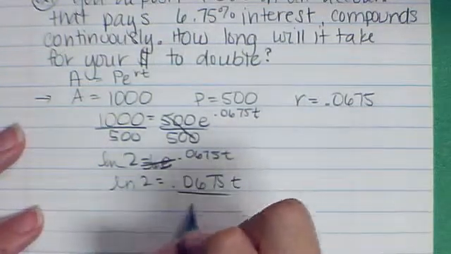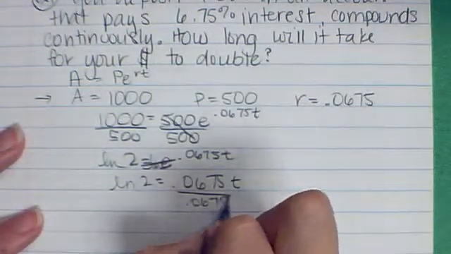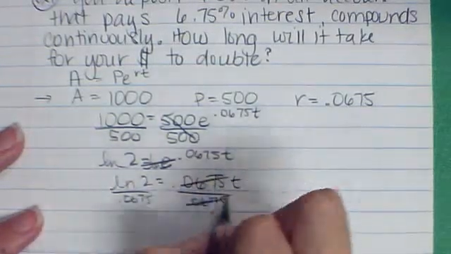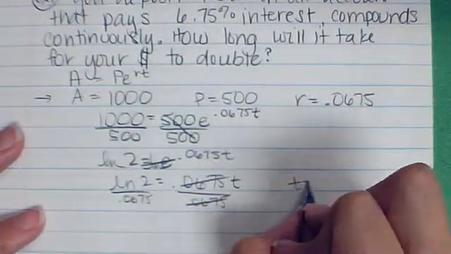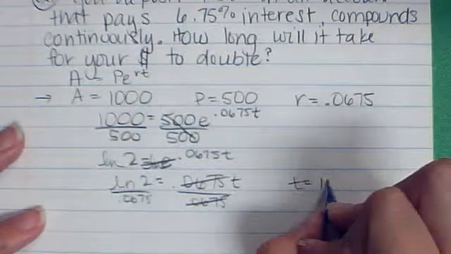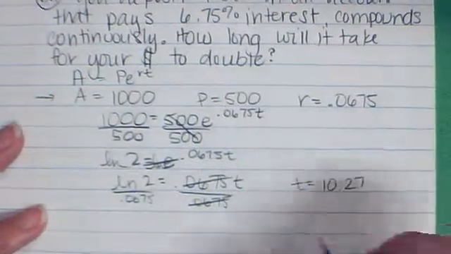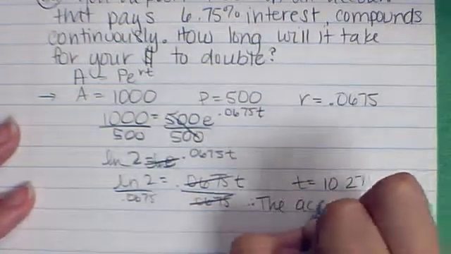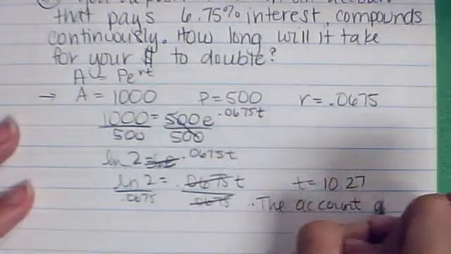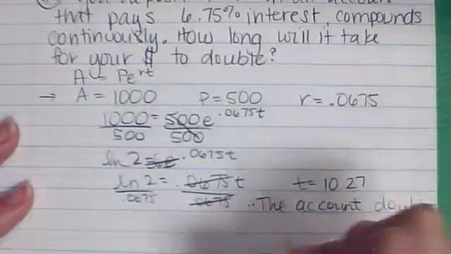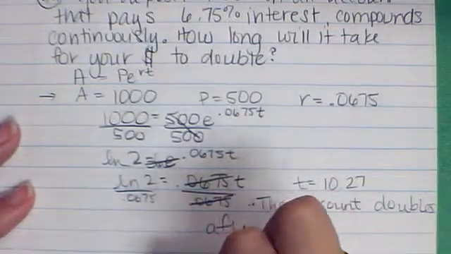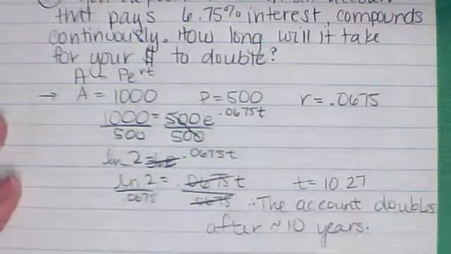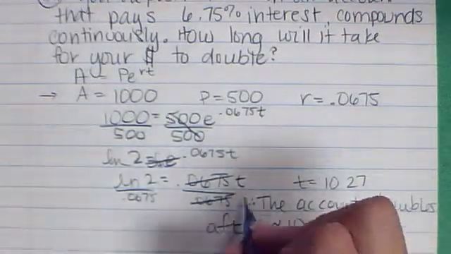To get t by itself, I divide by 0.0675. And when I plug that into my calculator, t is equal to 10.27. So I would write, therefore, the account doubles after about 10 years. And that would be our answer.